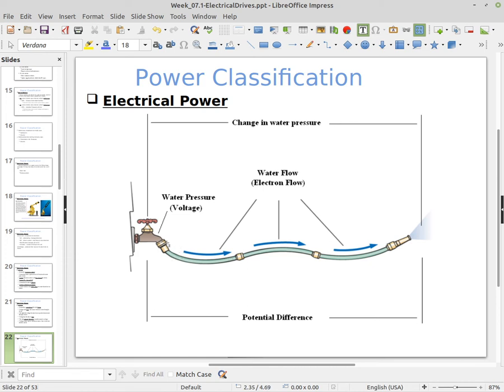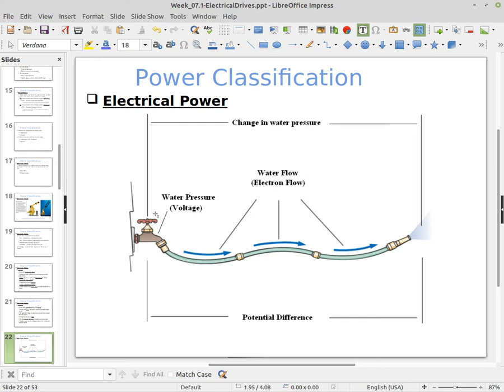With the valve closed, there's pressure at the valve, but there's no actual movement. So you have to actually open the valve. Similarly, with an electrical circuit, you have to close the switch to allow the current to flow.